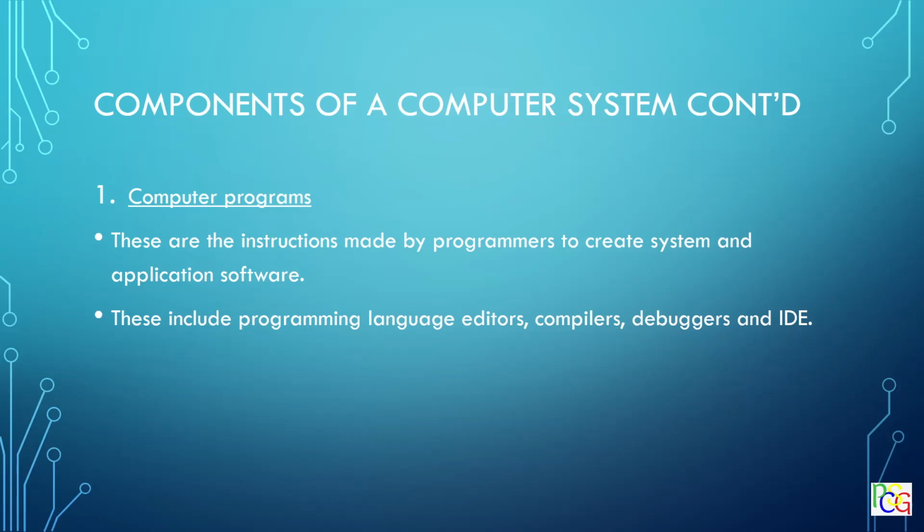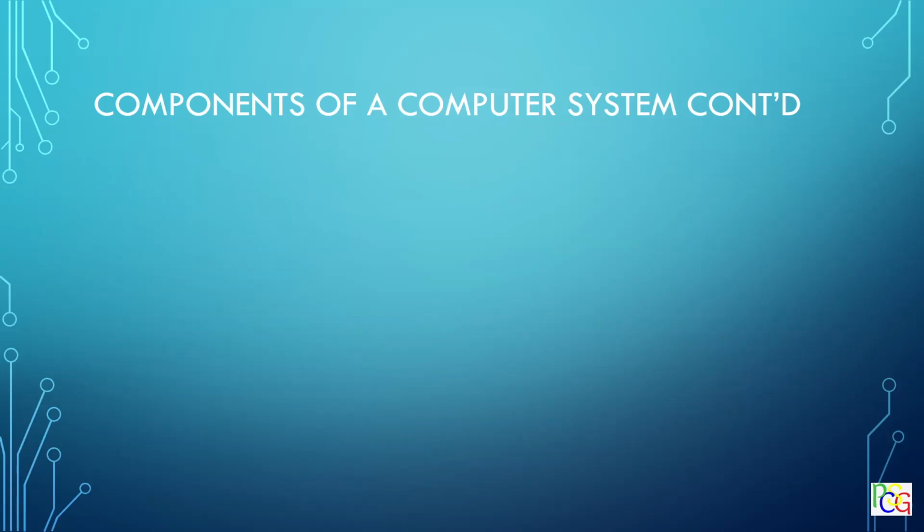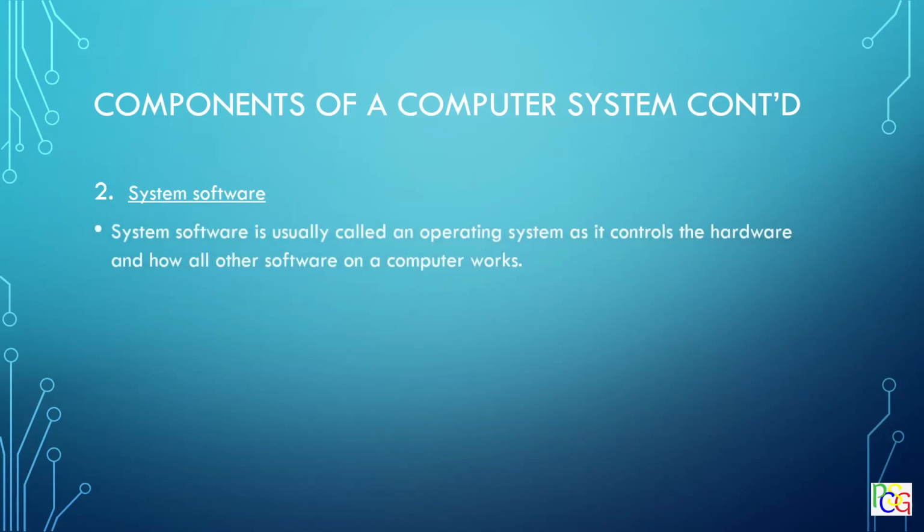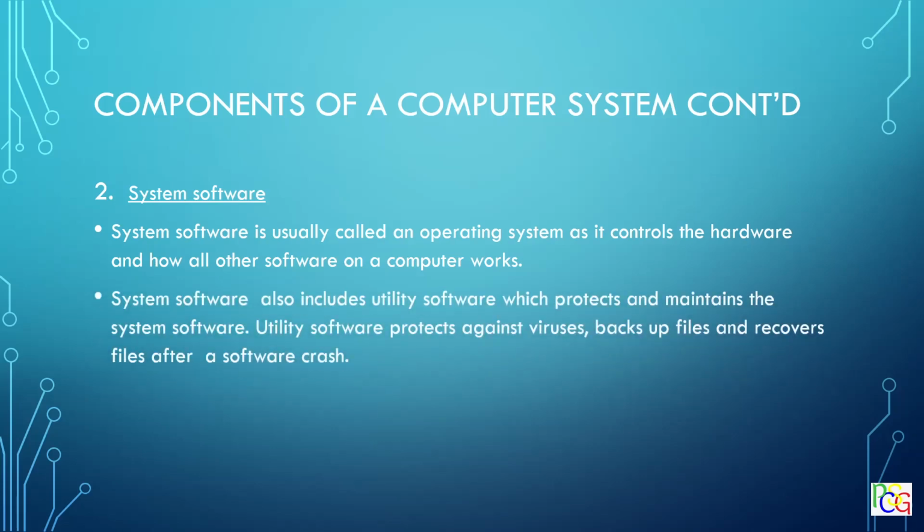All right, I'm finished. Okay, awesome. So next we're going to move on to system software. System software is usually called an operating system. That's something you'll have to remember, as it controls the hardware and how all the other software on a computer works. It also includes utility software, which protects and maintains the system software.